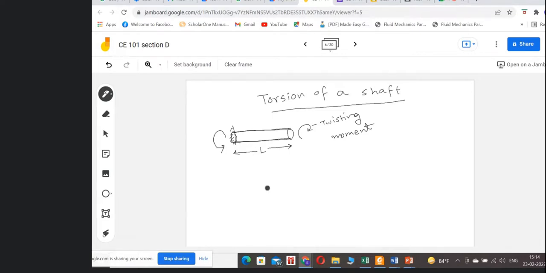Say this is the original position, a line on the outer surface of this shaft. Due to this twisting moment, this position will try to go to some new position, say here.